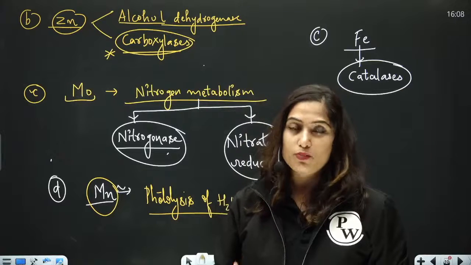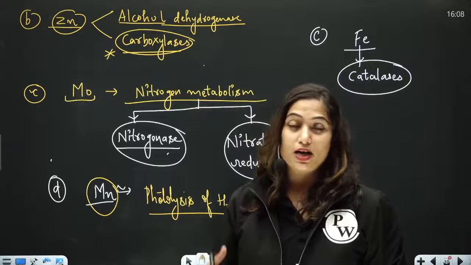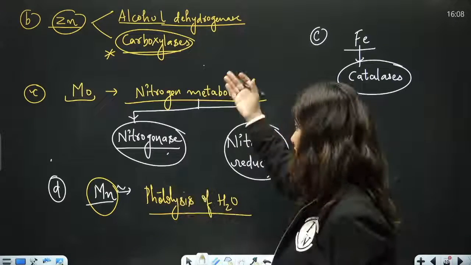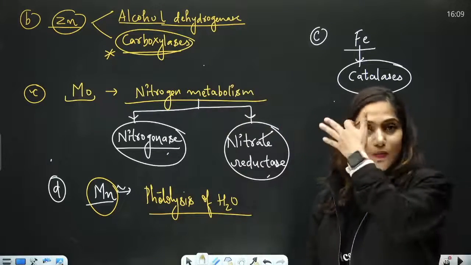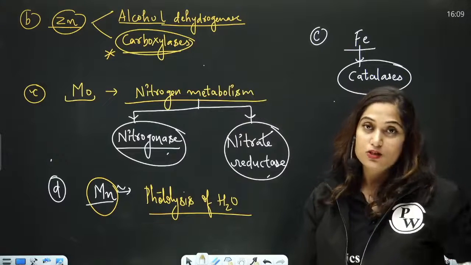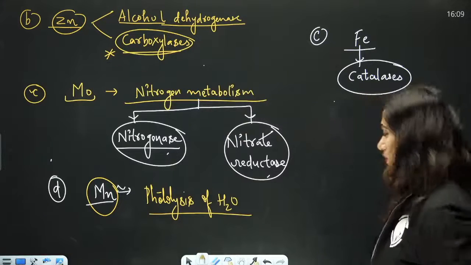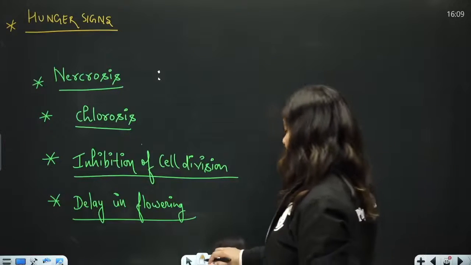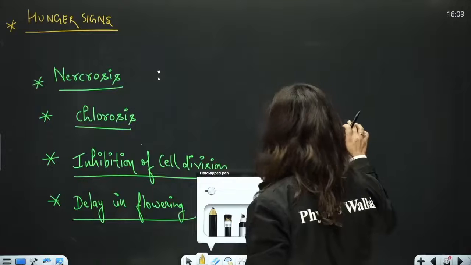Now we know what mineral elements are, what essential mineral elements are, what macro and micro are, and what the different roles of these are, what different categories these mineral elements belong to. Now let's move further. Now let's talk about the hunger signs. What are these hunger signs, right?